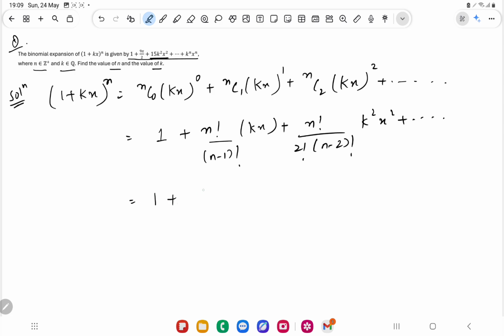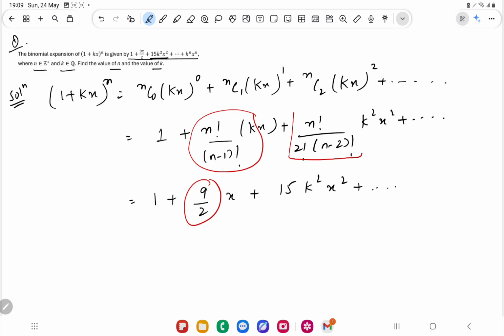Now if I compare this with the given term in the question, I will be writing k square x square and so on. Now if you see, this term is equal to 9 by 2 and this constant term is equal to 15.